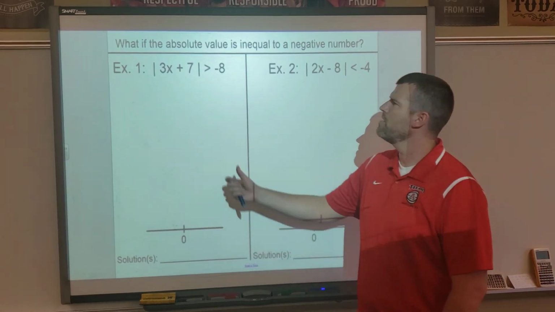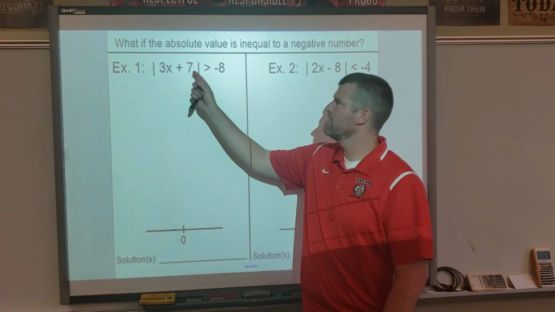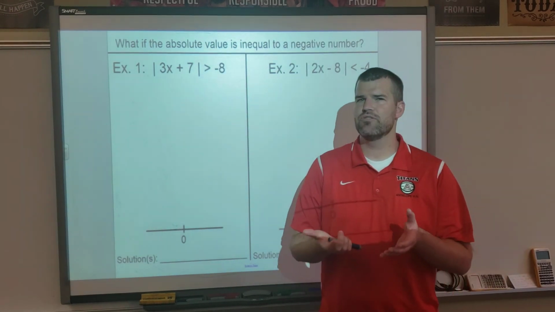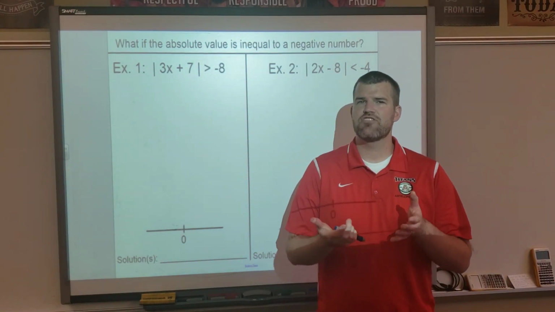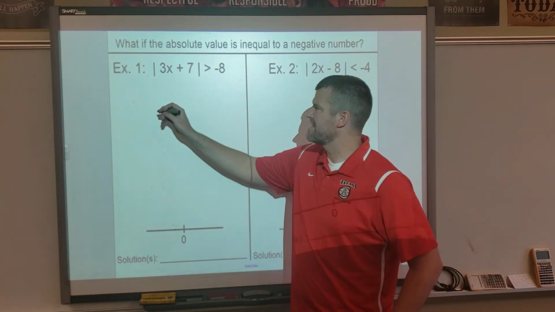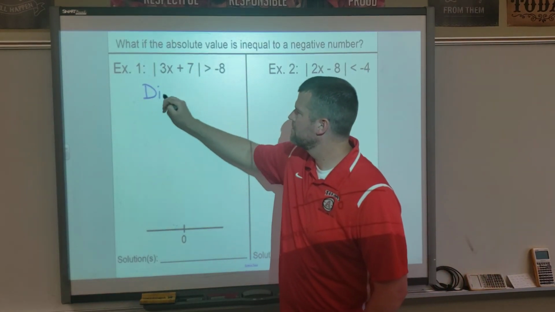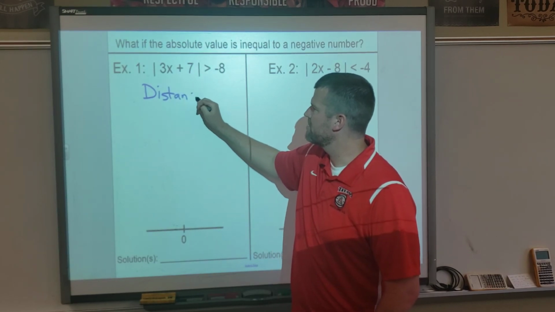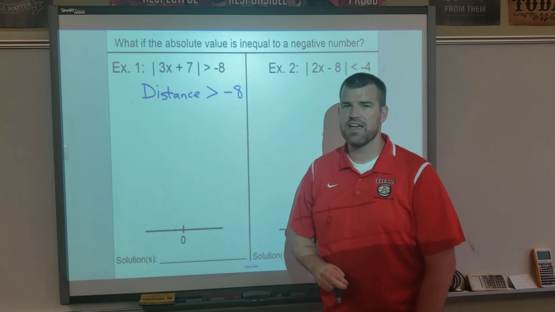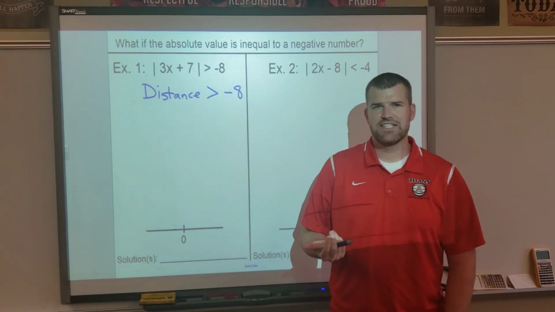So this problem says that our absolute value is greater than -8. Well, what is absolute value again? It's our distance from 0. When will our distance, I'm just going to put distance for now, be greater than -8? Well, what do we know about distance?